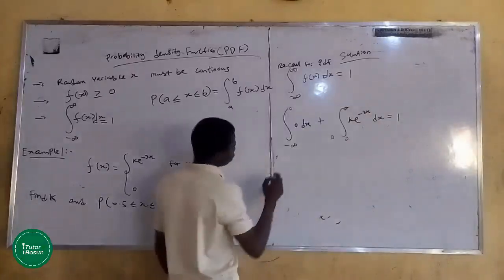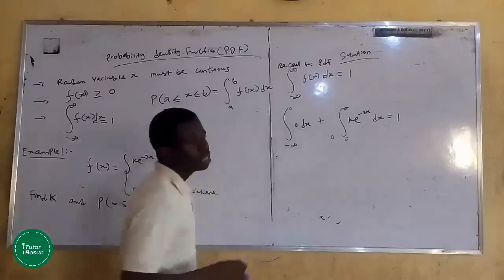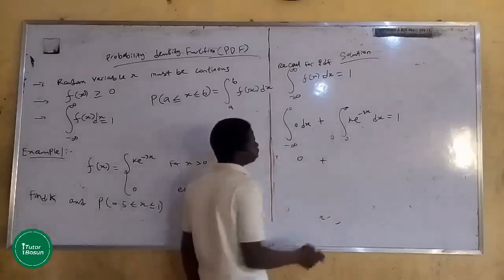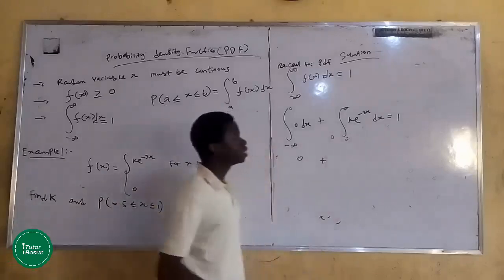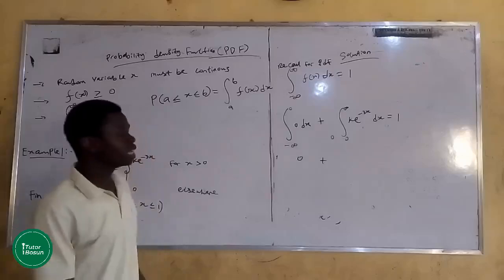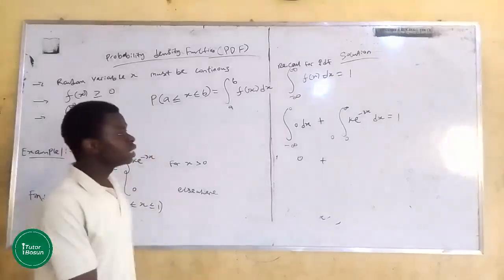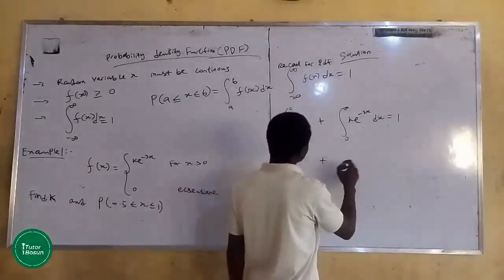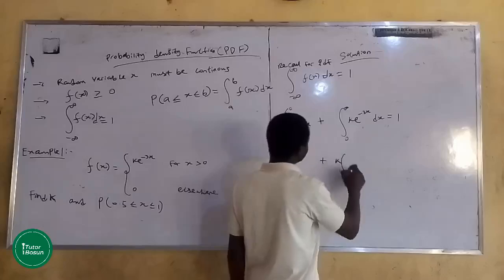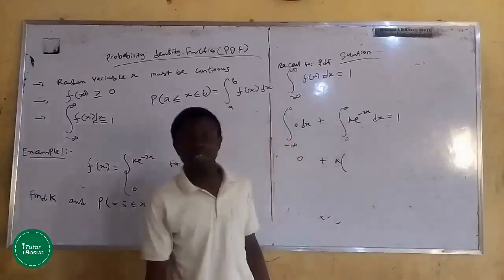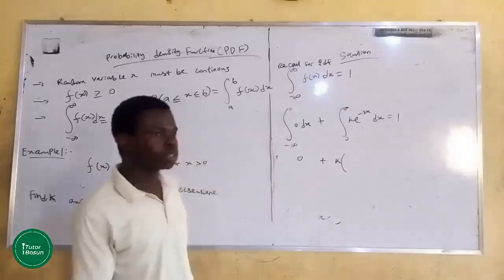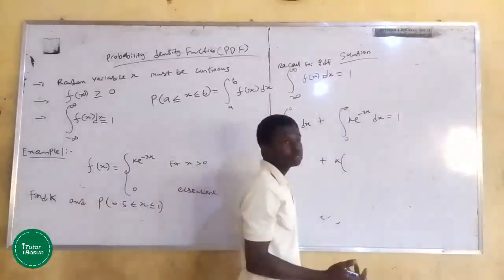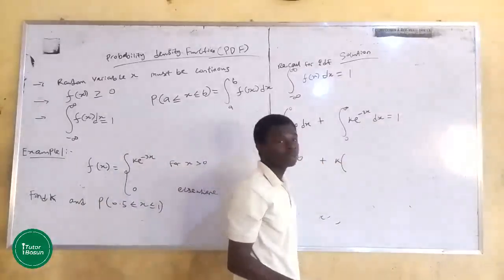So here we have the integral of 0, which definitely gives us 0. So we have 0 plus the integral of this. If you want to integrate k exponential minus 3x, k is a constant, so you can bring k out. Then we have k times the integral of exponential minus 3x. You can use a short trick to integrate that: you differentiate the index, which is minus 3x. If you differentiate minus 3x, you get minus 3.